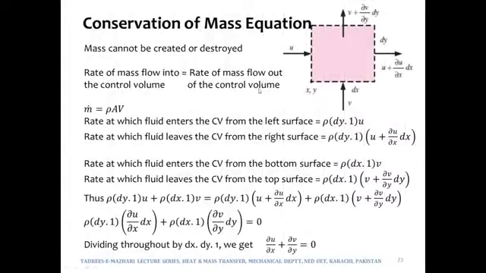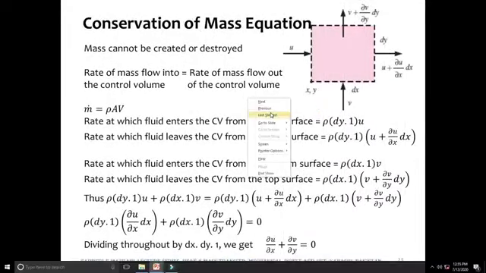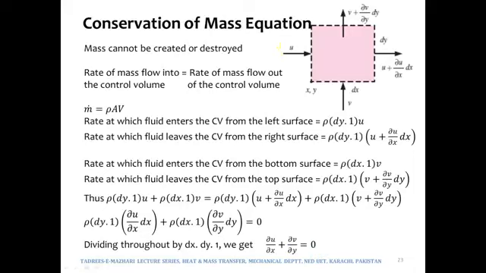Now starting with the conservation of mass equation, over here that is the same differential element that we were looking at on the last page, which has the dimensions of dx and dy.